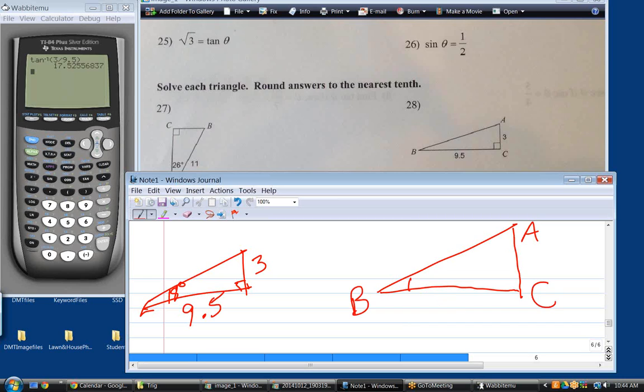Well, how about just real simply, what's the third angle in this triangle? Oh, you just subtract. Okay, so subtracting from 90 again. 72. Right. Like I said, you're going to have to do that a lot.